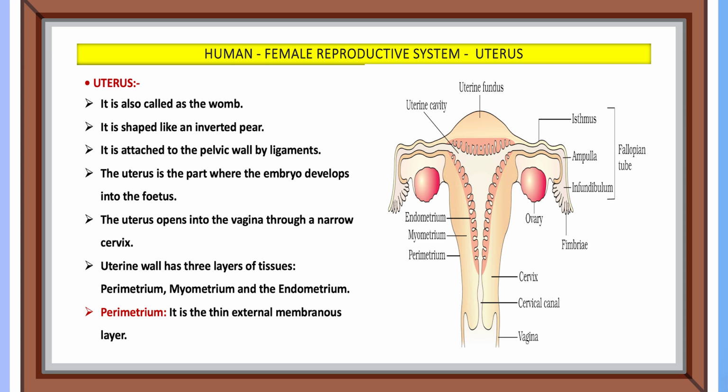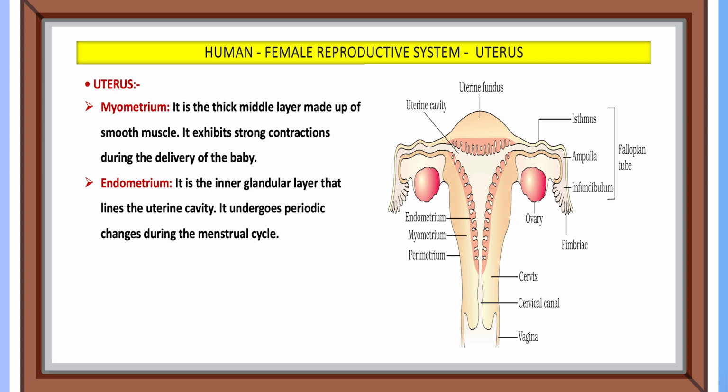The uterine wall has 3 layers: the outer perimetrium, the middle myometrium, and the inner endometrium. The perimetrium is the thin membranous external layer. The myometrium is the middle one. It is a thick layer made up of smooth muscles.